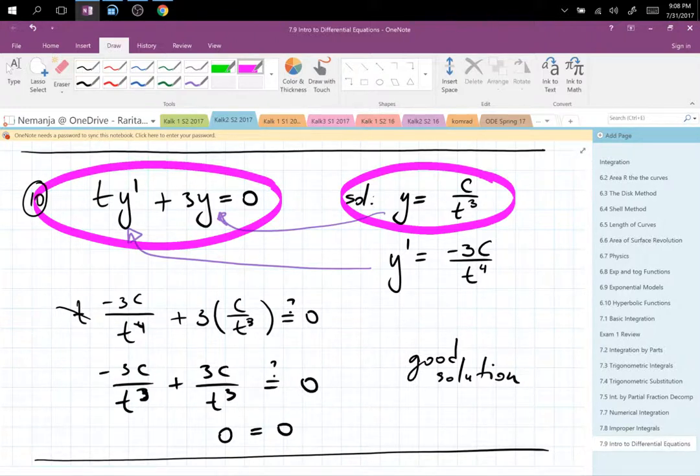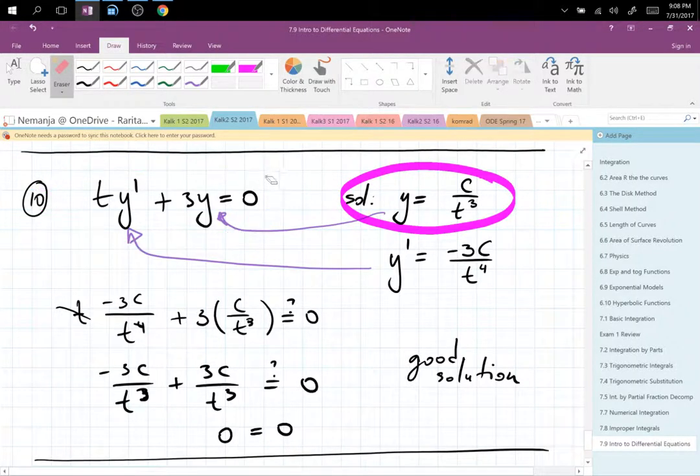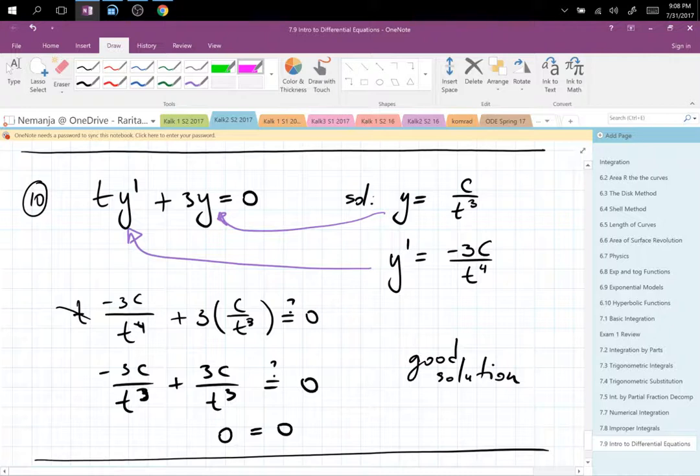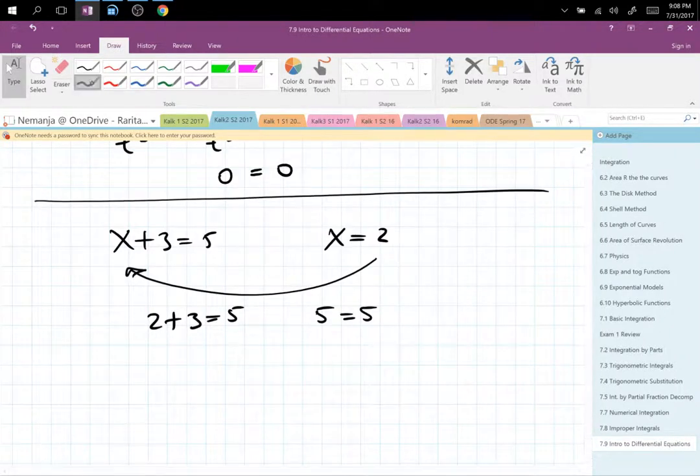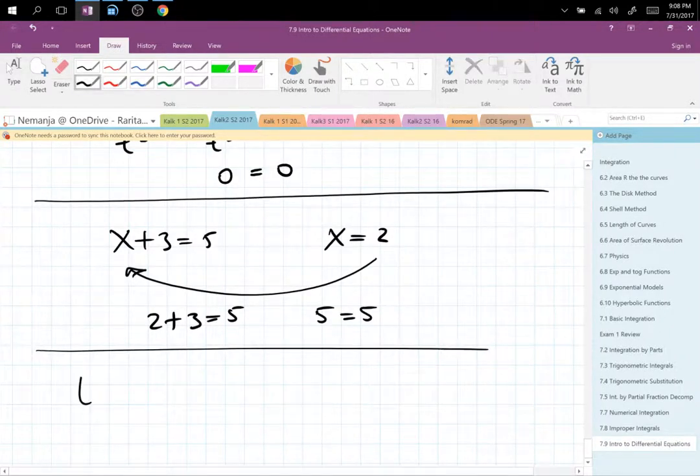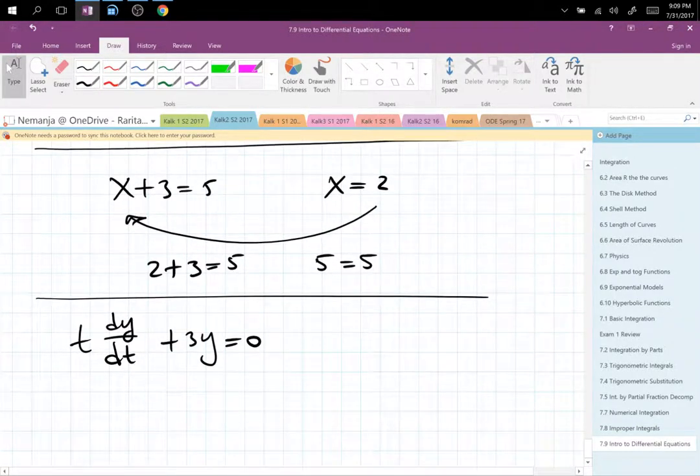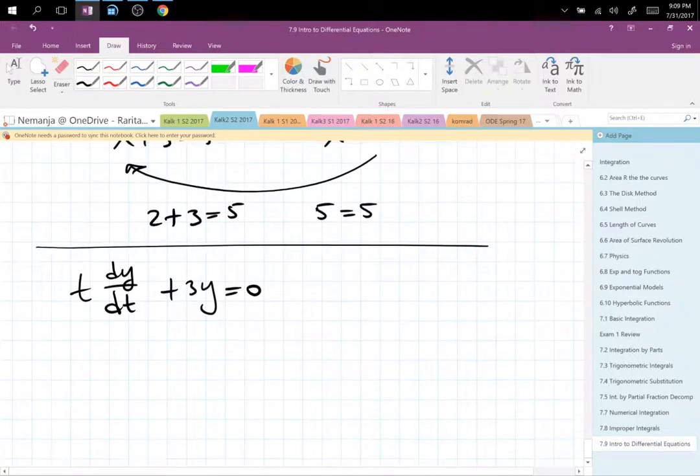So, is that a separable differential equation? How to solve it? All right, let's check. So we have t times dy. The question is if it's separable. Plus 3y equals 0. I'm going to move 3y first.